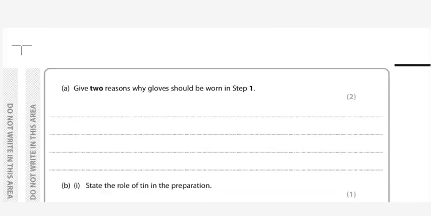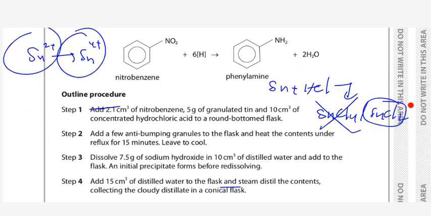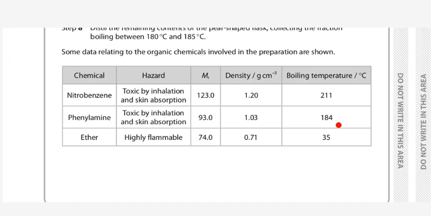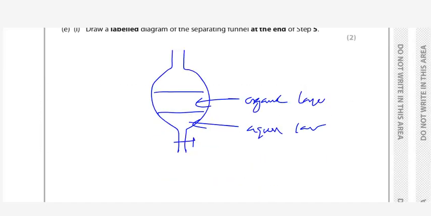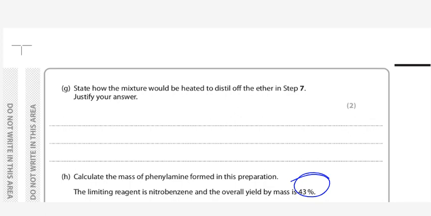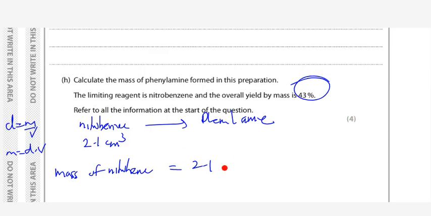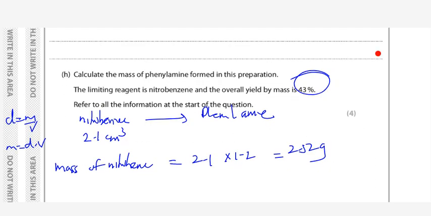Volume we know, and the nitrobenzene density is 1.2. So 2.1 multiplied by 1.2 is 2.52 grams. You can now work out the moles.